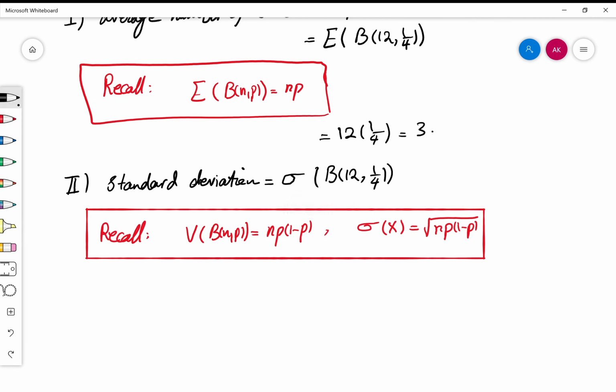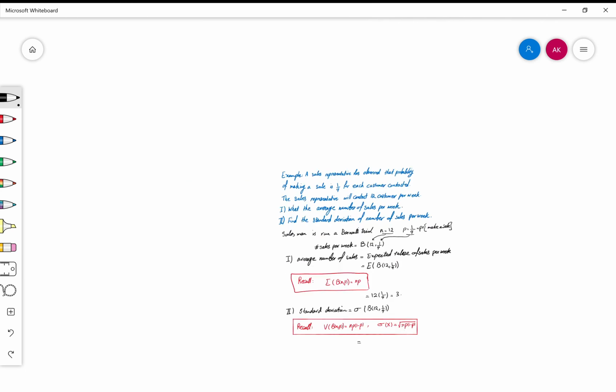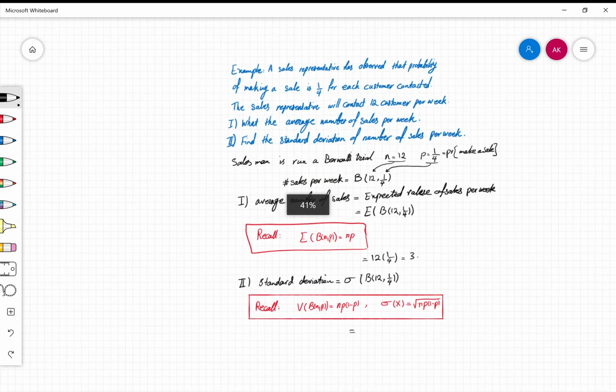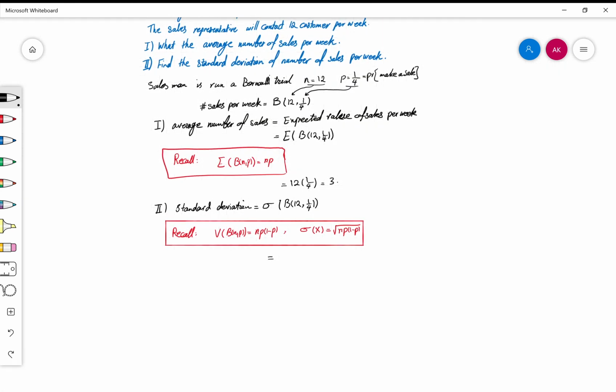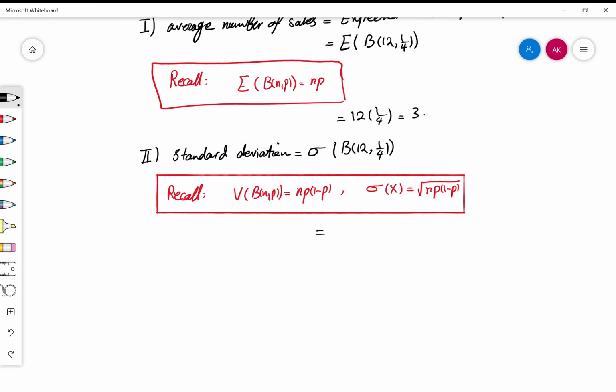So in this case, we are looking for the square root of n is 12, p is 1 over 4, and 1 minus p is 3 over 4.